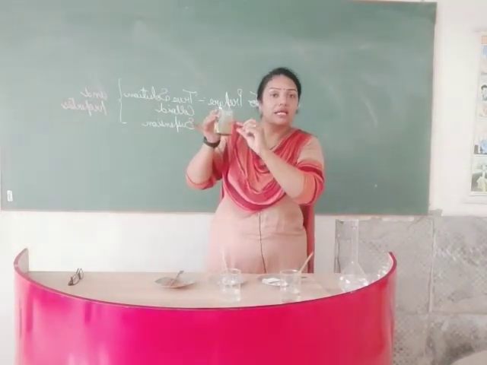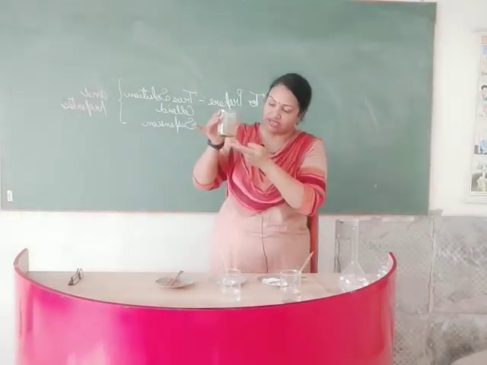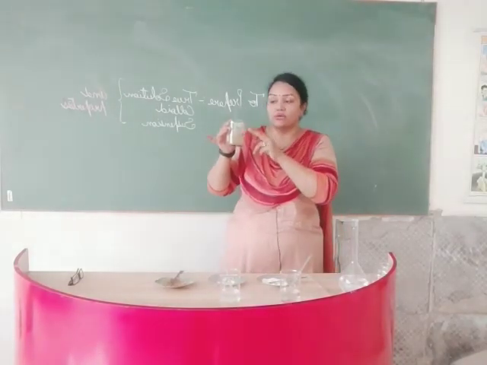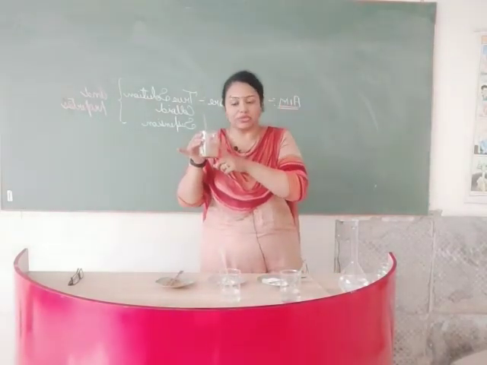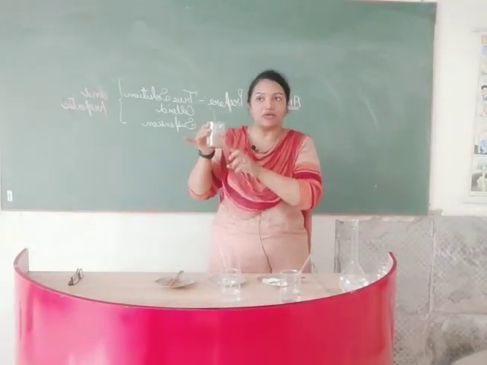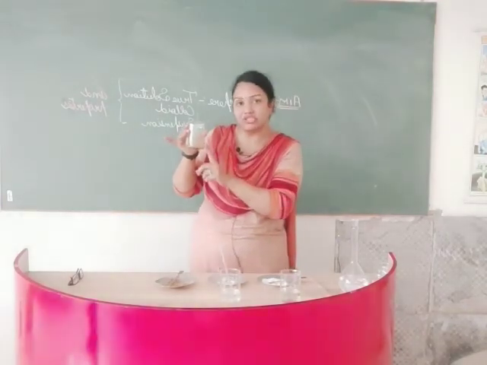Upper layer is lighter and the lower layer, which is darker, all the particles have settled down. So this is the third property, very important and distinct property of heterogeneous mixture, that the particles settle down after some time. So this is suspension.